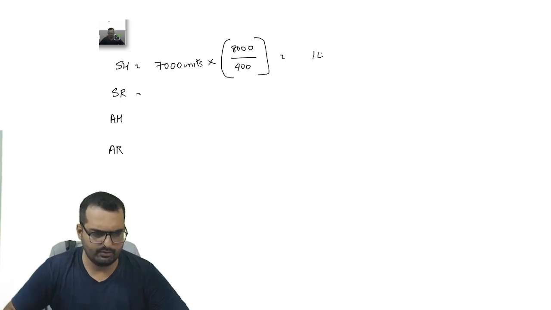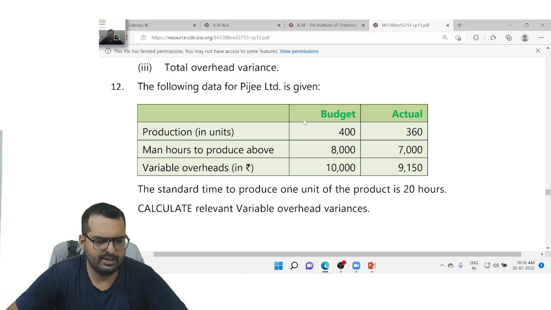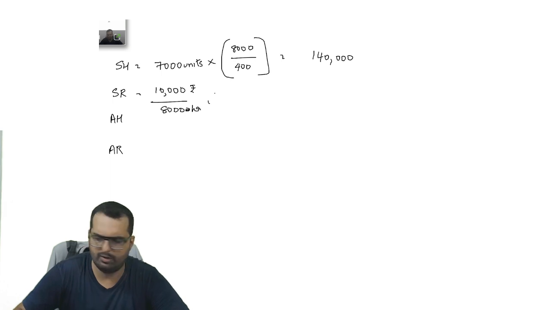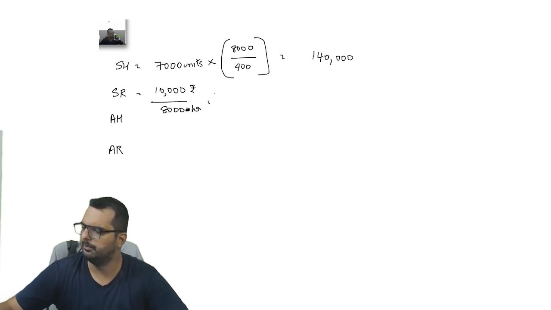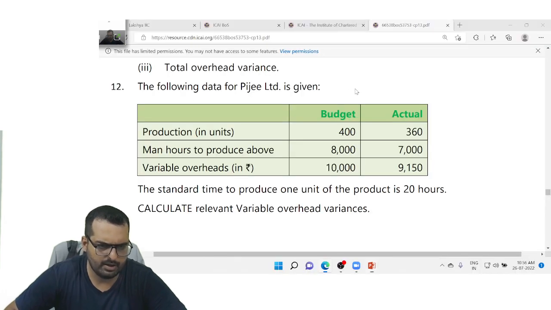Do you get the answer as 1,40,000? Correct? And the second one, SR, that is the standard rate per hour, will be 10,000 rupees divided by 8,000 hours. So how much will that turn out to be? Do you get the answer as 1.25 rupees per hour? That is basically SRH. Okay.